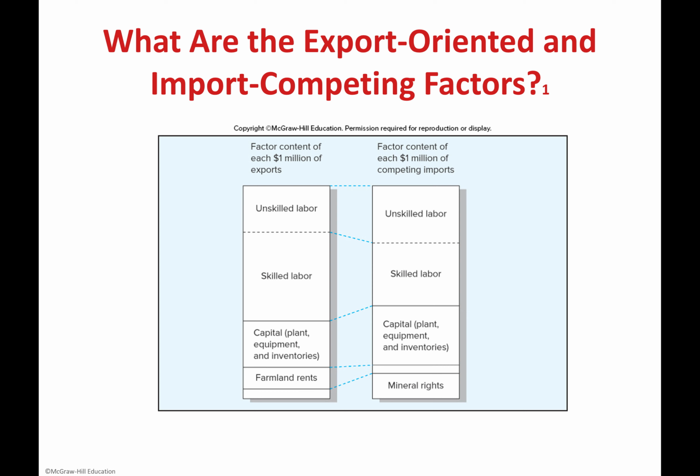Capital is lower here compared to the capital used abroad, which is higher. Farmland rents are higher here compared to the farmland rents abroad, which are lower. That would tend to fit, of course, with Heckscher-Ohlin, I guess. Mineral rights are higher abroad than they are here.